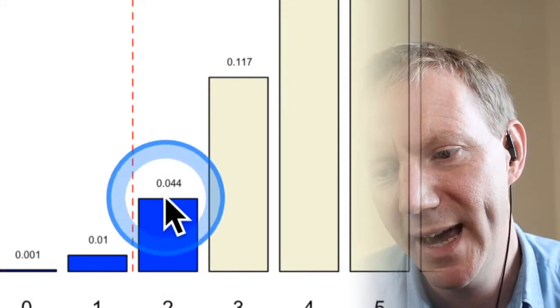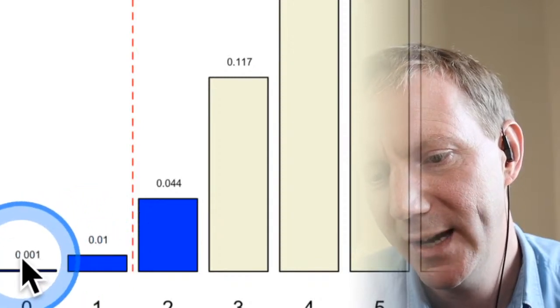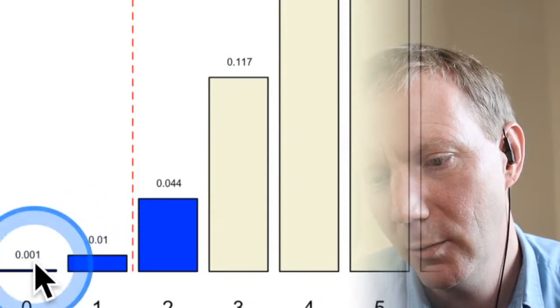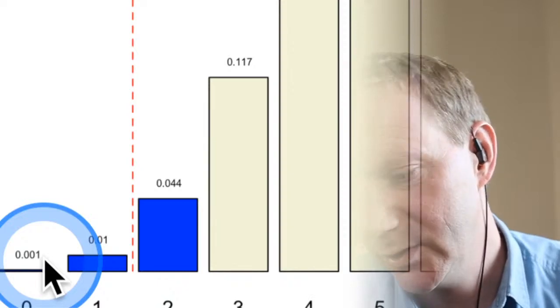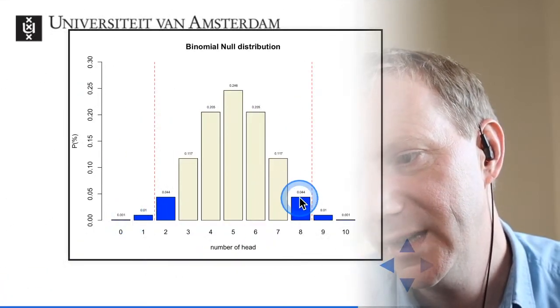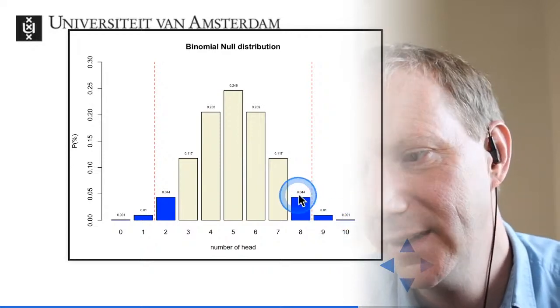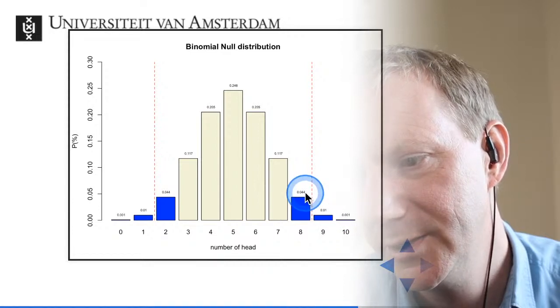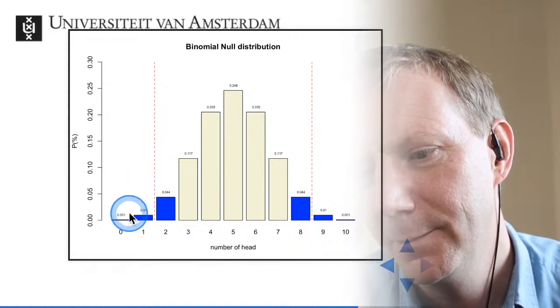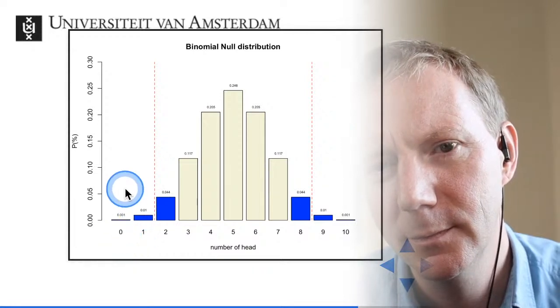So I also have to add 0.01, and I also have to add 0.001, and because we're testing two-sided, I also have to look at the other side, which, because it's symmetrical, is the same. So adding the height of these bars, the blue bars, gives us the p-value.